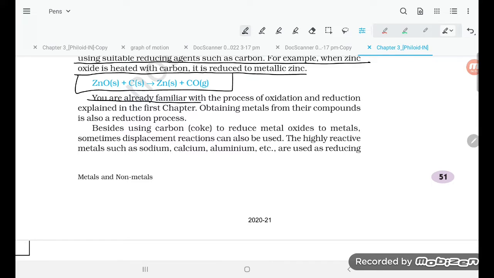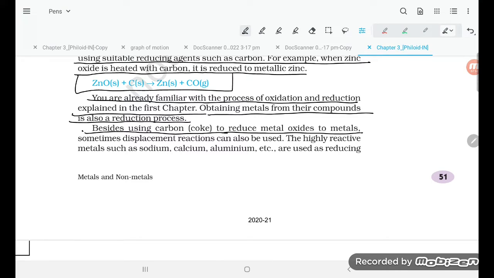You are already familiar with the process of oxidation and reduction explained in the first chapter. Obtaining metals from their corresponding oxides is also a reduction process. Besides using carbon or coke to reduce metal oxides to metals, sometimes displacement reactions can also be used.